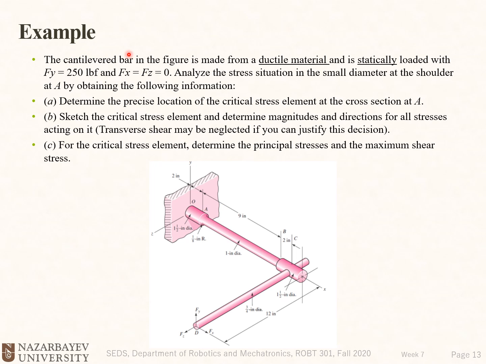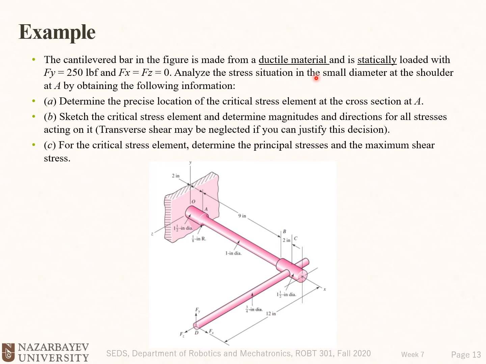The cantilever bar in the figure is made from a ductile material, so this is very important, and is statically loaded with Fy equal to 150 pound force. Okay, so here we have Fy, and Fx and Fz both are zero. I recommend you solve the same problem once Fx and Fz have some values. Okay, so it could make the problem more complicated, so you could do it for practice.